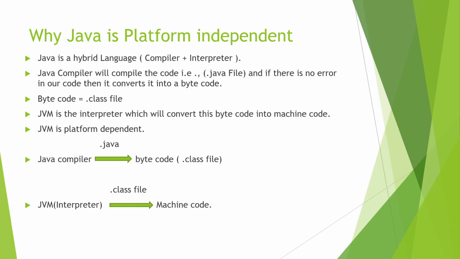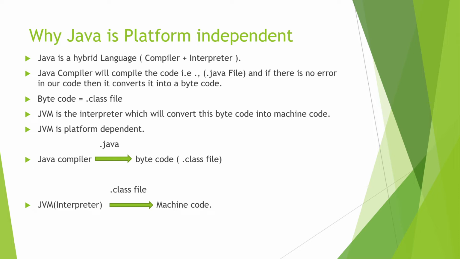I hope you are getting the point. This JVM is the main point which is making Java platform independent, because the Java Virtual Machine is dependent on each and every machine, which can take bytecode and make use of its own system calls, and convert it into machine code.